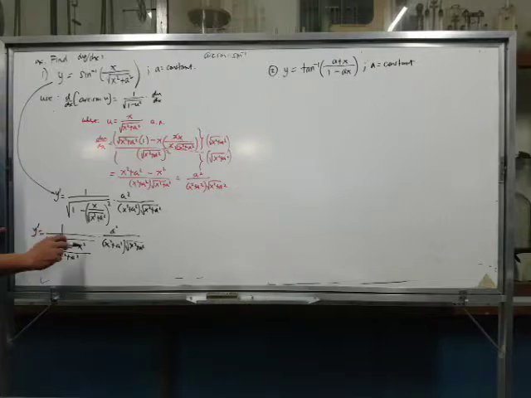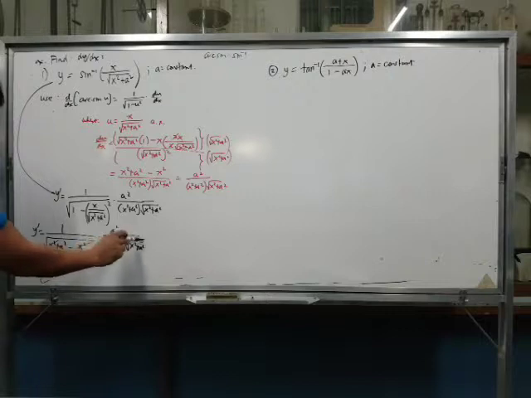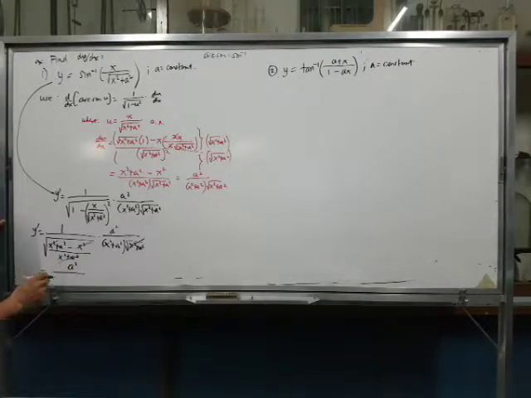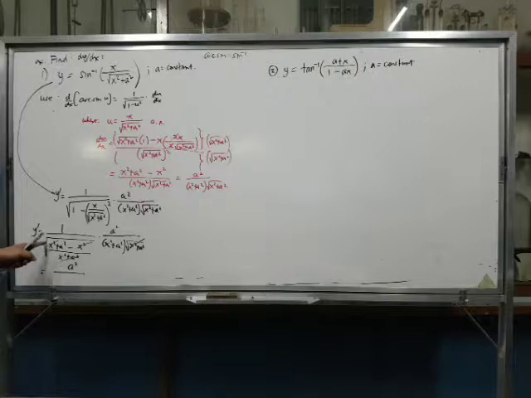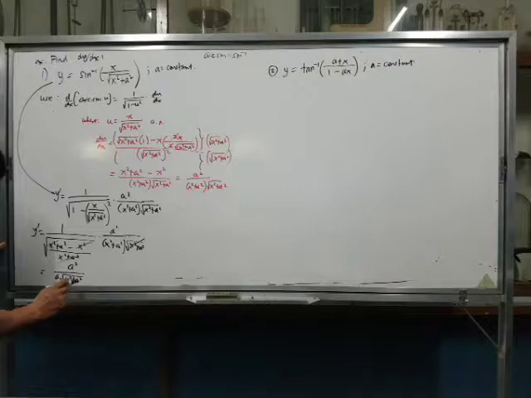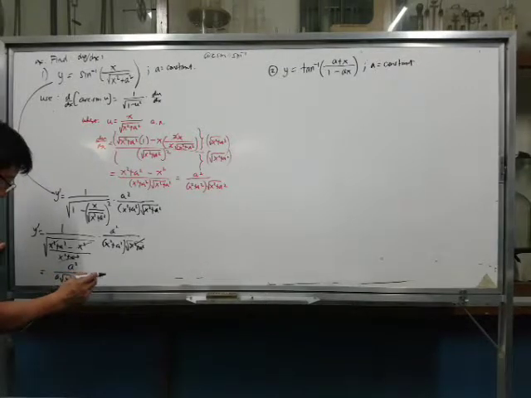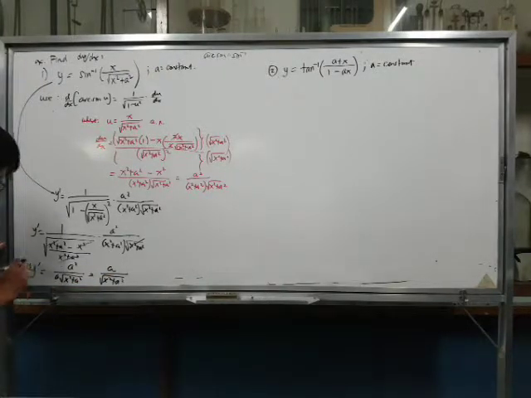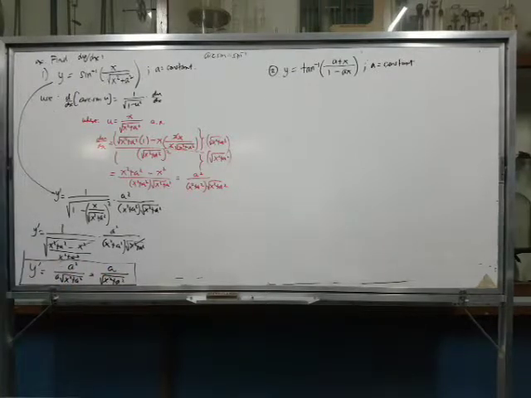So this will cancel, and the square root of a squared is just a, and these two simply cancel out. So what remains is a squared in the numerator and a times the square root of x squared plus a squared in the denominator. So this will be a over square root of x squared plus a squared. So that is how we calculate the value of y prime.